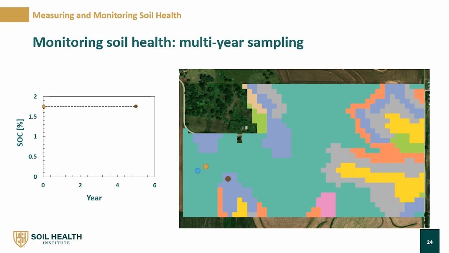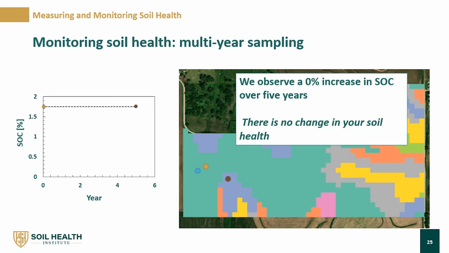So the gold sample to the brown sample shows no change in soil organic carbon. So we observe a 0% increase in soil organic carbon concentrations between the gold and brown points, with the conclusion being that there's no change in your soil health.